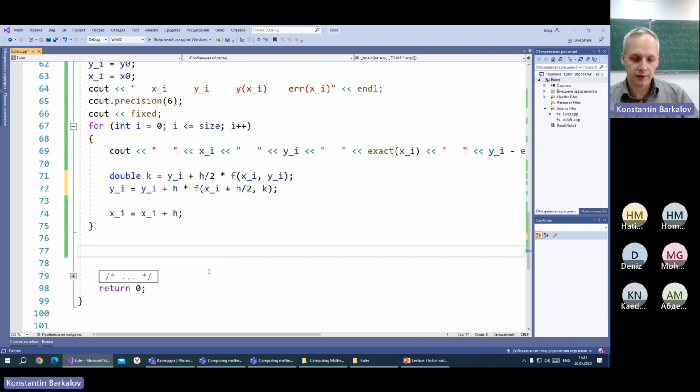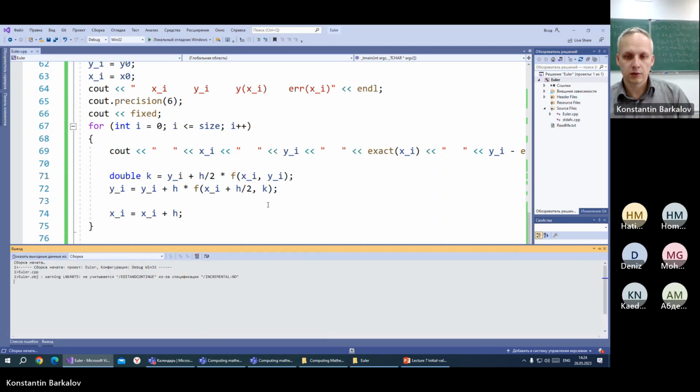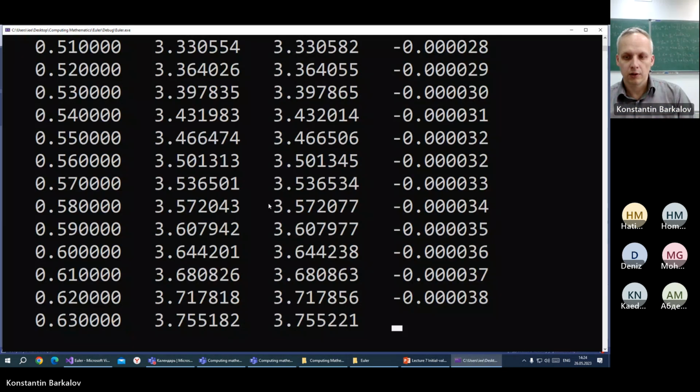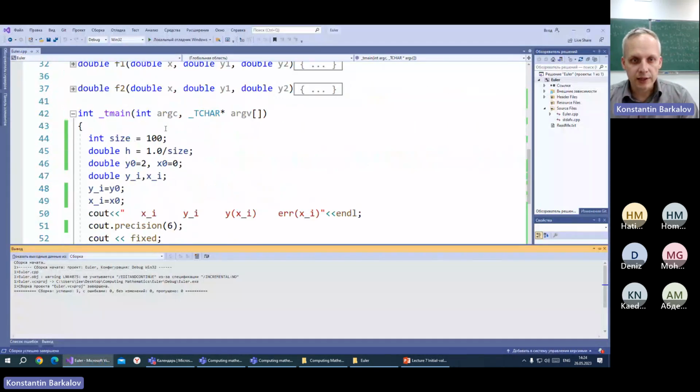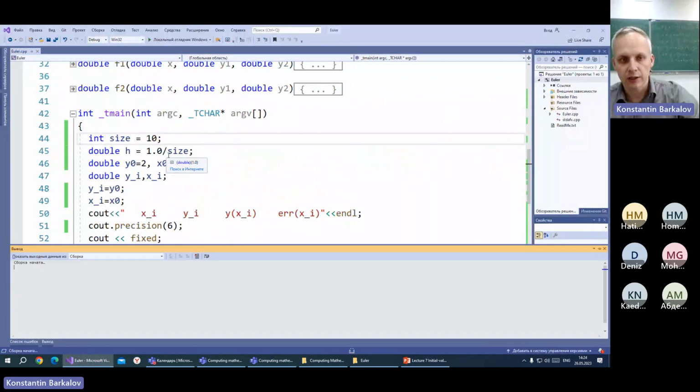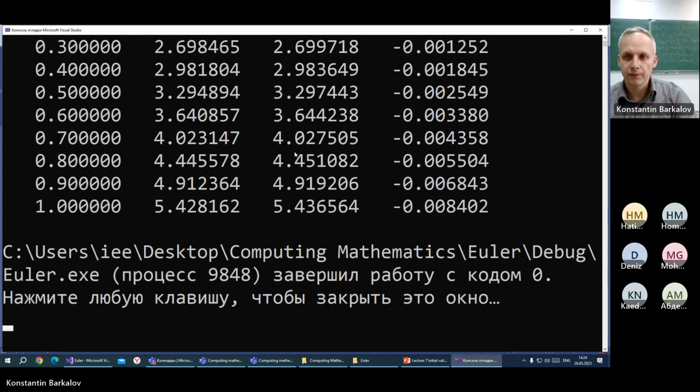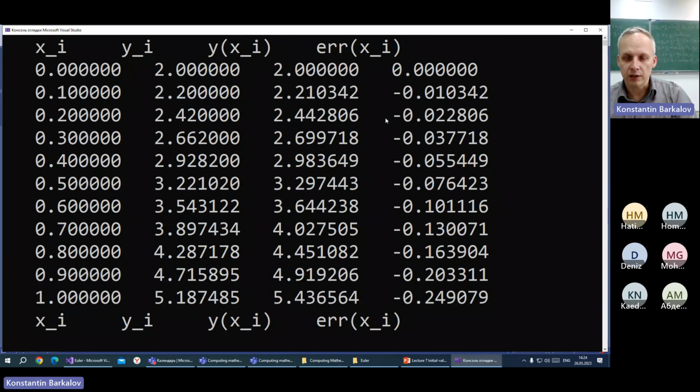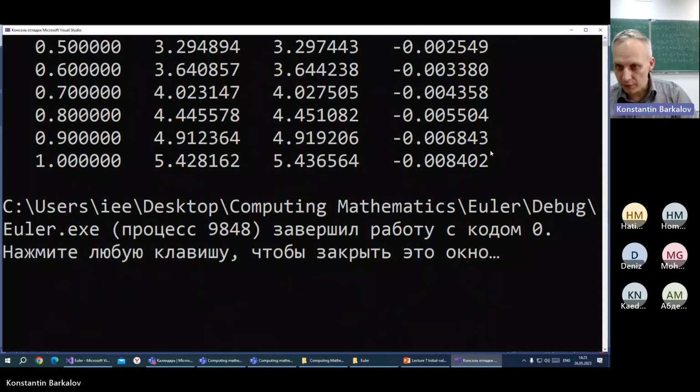Let's check this method. Oh, it's 100 values. Let's write for 10 numbers. This is the Euler method. The error is 0.25. And for the second order method, the error is approximately 100 times smaller.